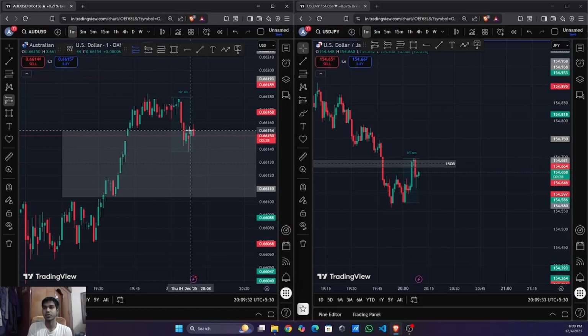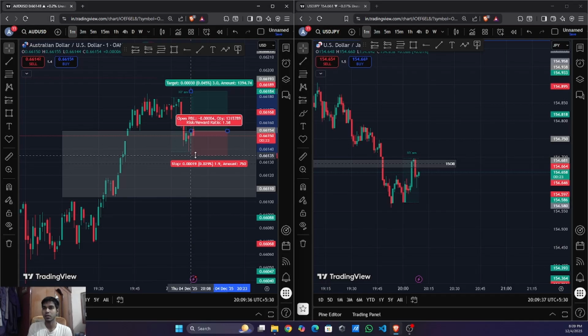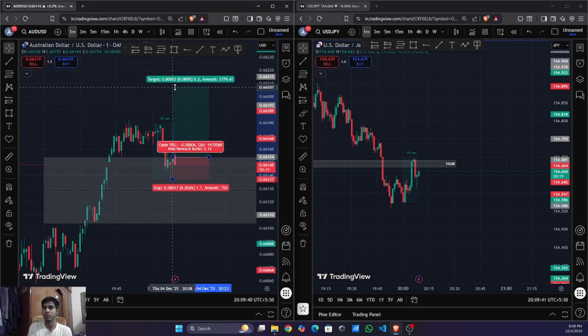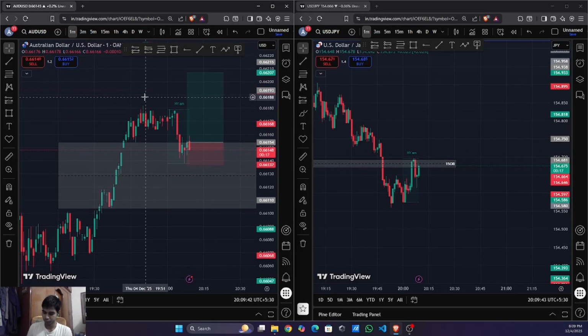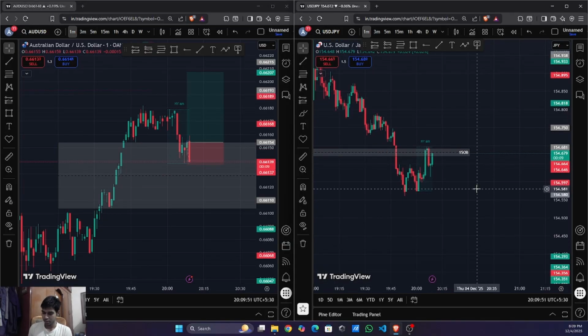It might get swept. Let's see. It's really small. Might get stopped out, but that might be the only trade because you can see we are wrong about the trend, and almost there. I might get stopped out in AUD.